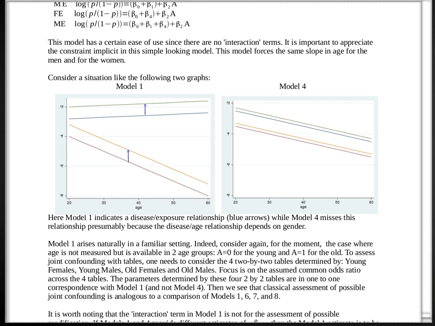Now, Model 4 is not involved in that directly. Model 4 is an intermediate to the assessment situation. The classical assessment with stratified analysis implicitly involves models 1, 6, 7, and 8. Okay.